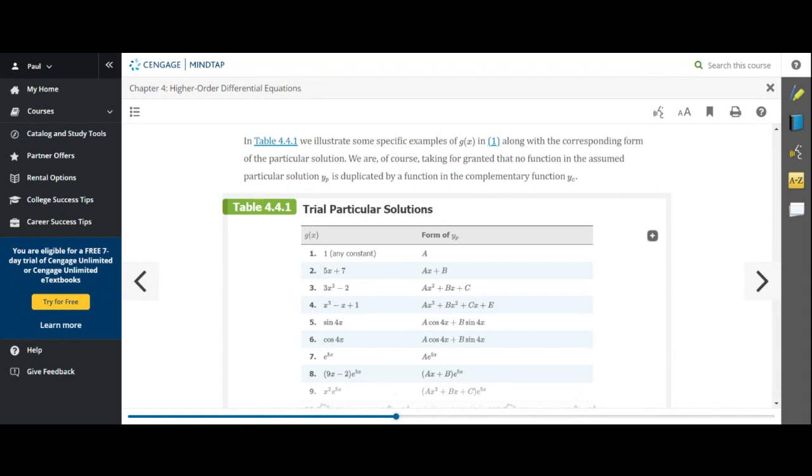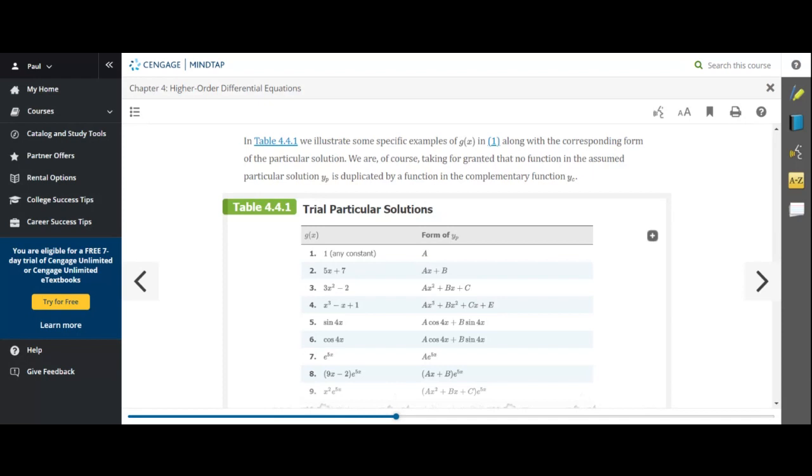Matthew remembers that, sure. For instance, if g of x equals 1, a constant, the form you're going to use is a for your guess. In the second row, if g of x is 5x plus 7, you're going to use ax plus b as your guess.